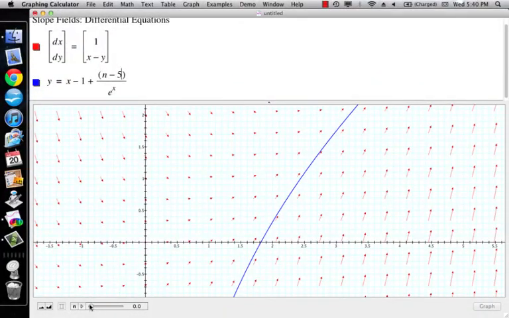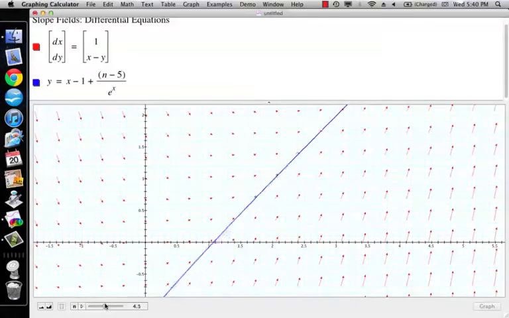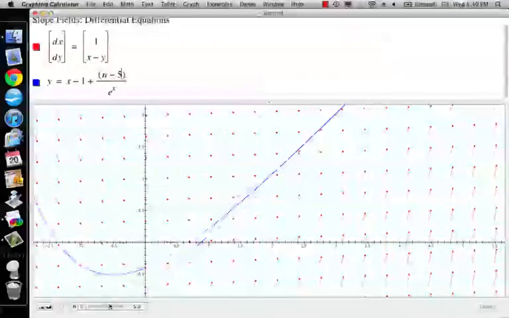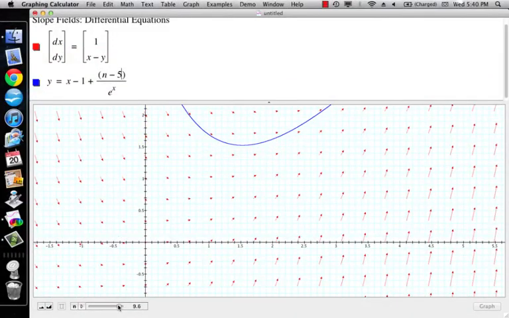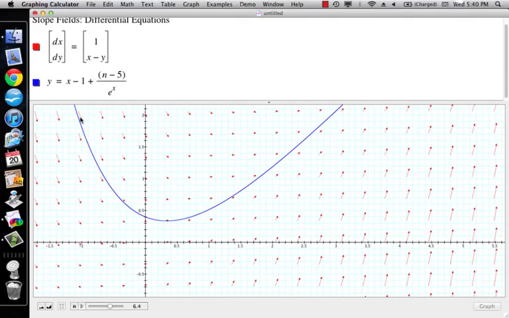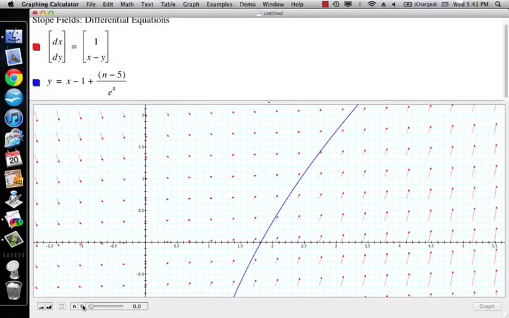Right around where n equals 0 is going to be somewhere like that, and n equals positive 5 is going to be like that. You can see here that it follows the slope down. The slope gets less and less, goes horizontal right there, and then goes up, up, up. And over here it again follows the slope fields.